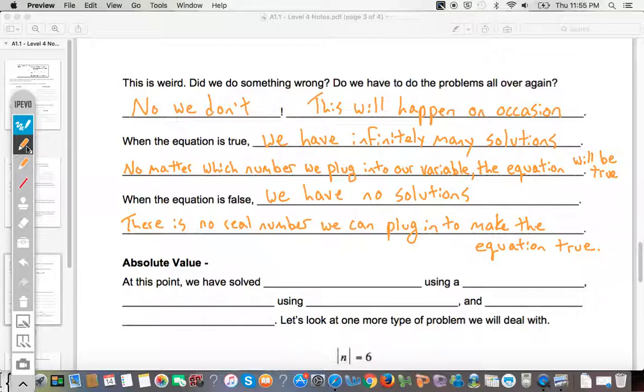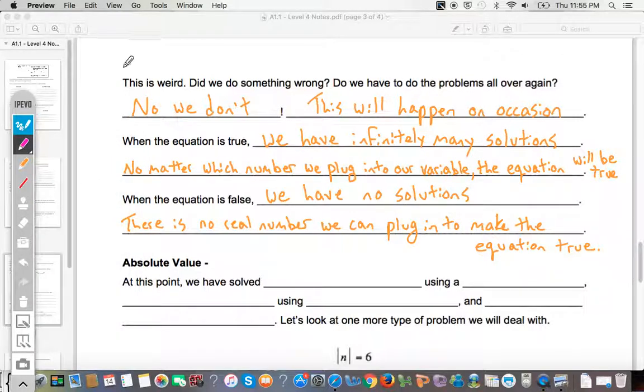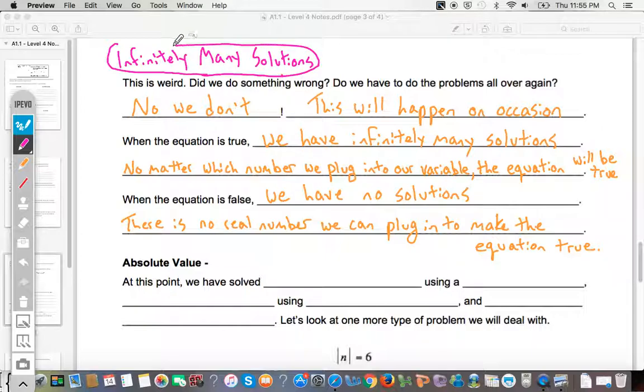So just to emphasize that, I'll write up here this one had infinitely many solutions, and this one over here had no solutions.